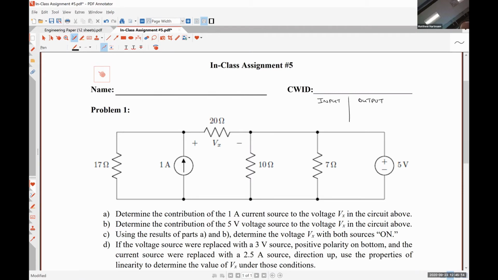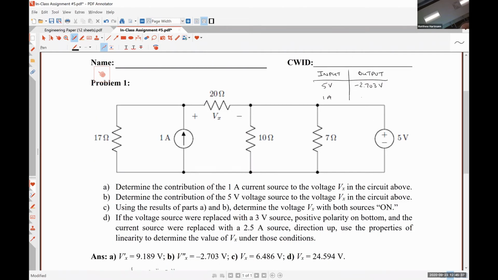here's our outputs. So we know that when our input is a 5-volt source by itself, we know that our output was negative 2.703 volts. And when our input was 1 amp with the direction up, we know that our output was 9.189.